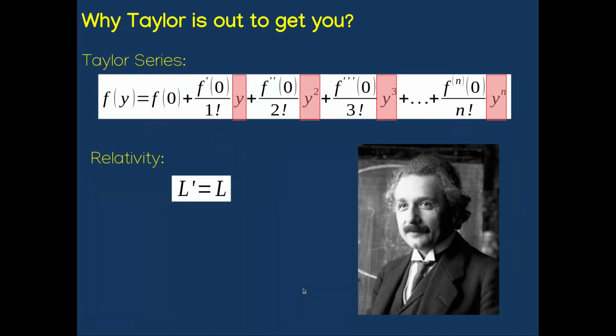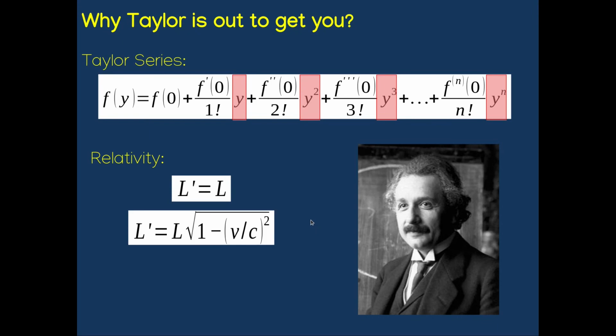Relativity. I spent my entire freshman first semester physics class thinking that length was just equal to length. It's not. There is, of course, a relativistic correction that tells you that your length doesn't change significantly as long as you're not moving very fast. But if you have a velocity v that's close to the speed of light, all of a sudden your length is going to contract.